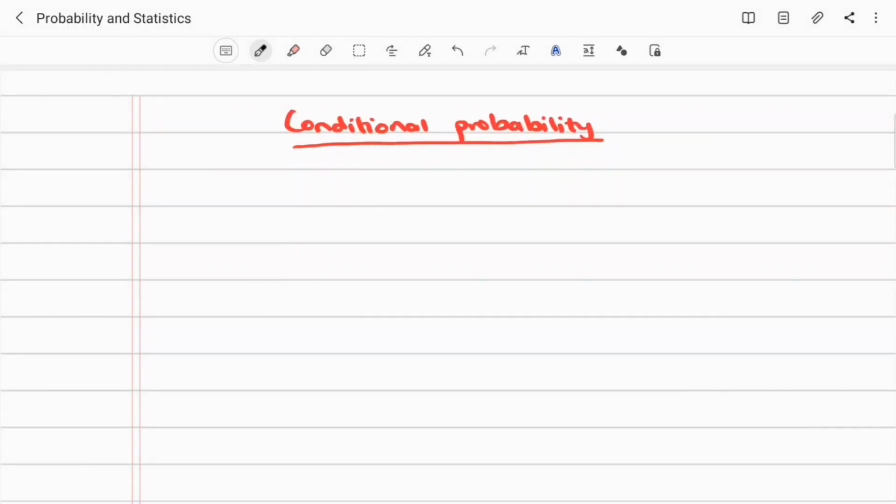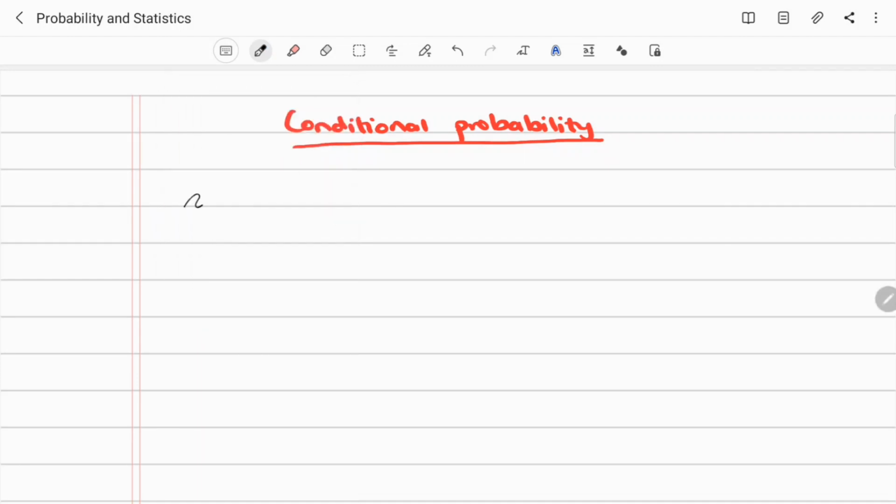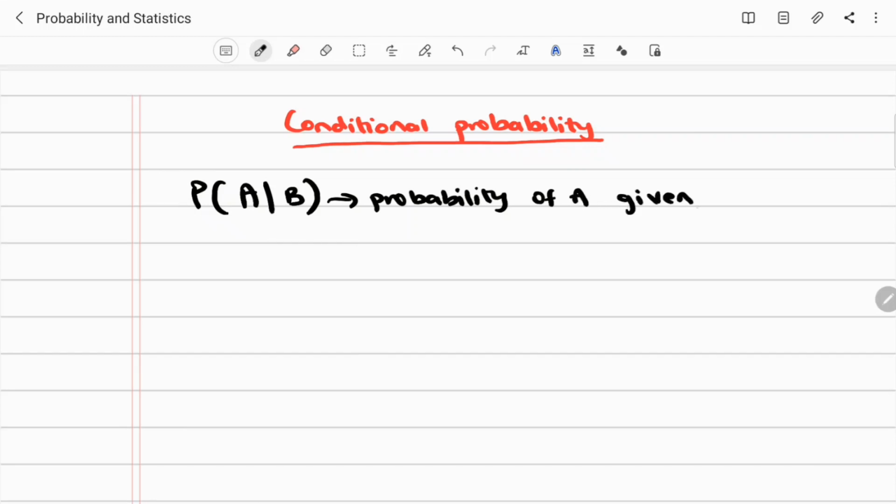So now we are going to learn about conditional probability. First, we need to understand what this symbol means. A/B means the probability of event A happening given that event B has happened.